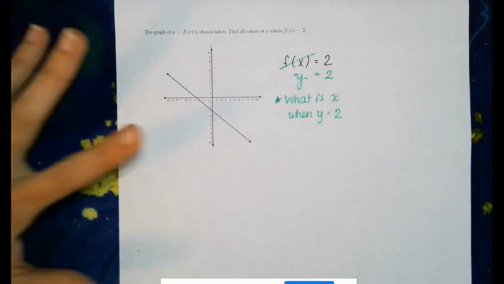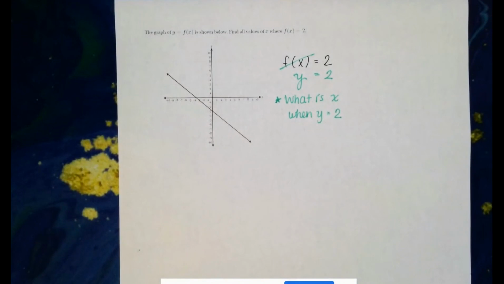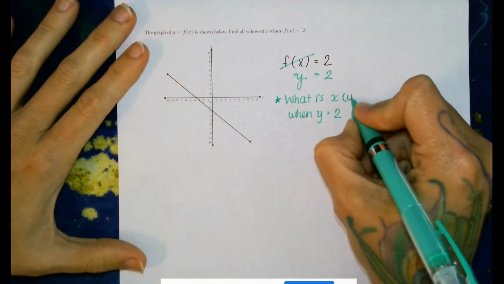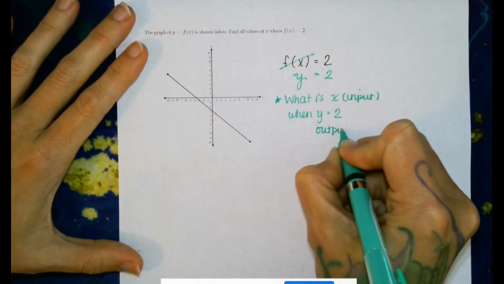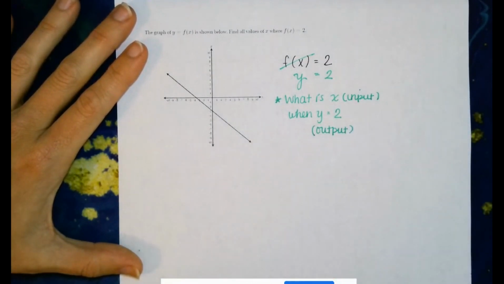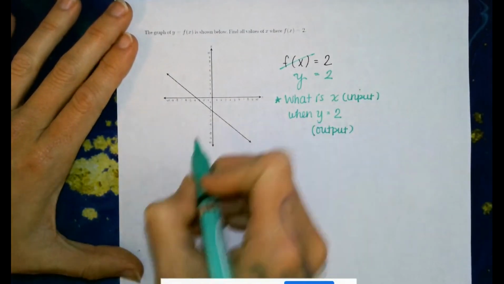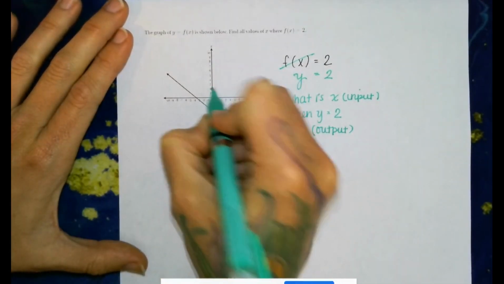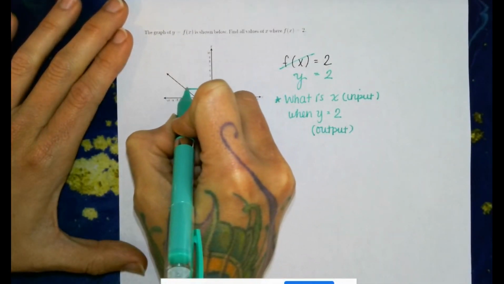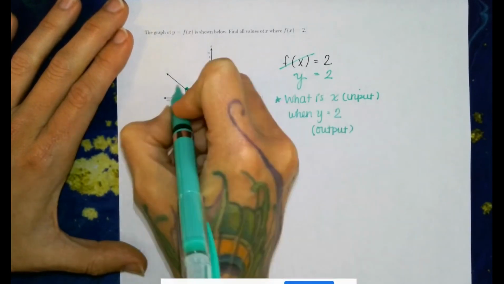Again, how many times have you read a problem, especially in the last couple of years of math, where you're like, I don't even know what it's asking me? And it's just a vocabulary change. So x, what input would give me the output of 2? So when y is 2, we're going to go up to 2, and then we're going to go look for our function, and it is indeed -6.